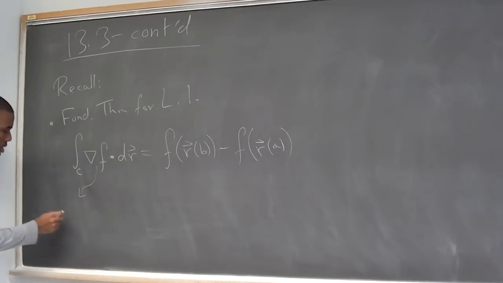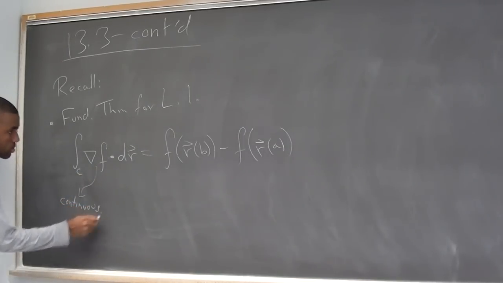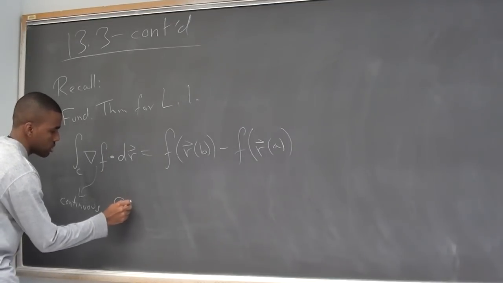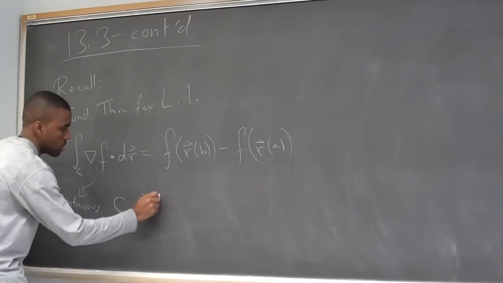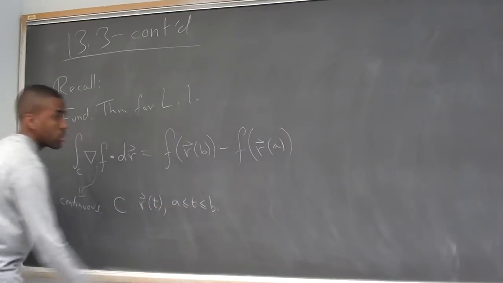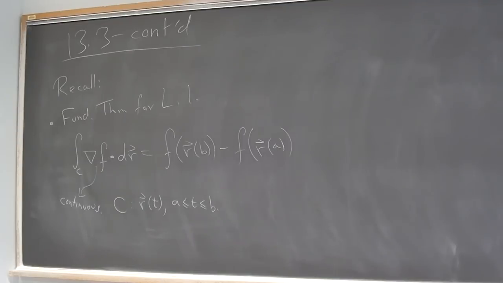This applies if the gradient is continuous, and here your C is parameterized by r of t. For our purposes, the gradient will always be continuous? Yeah, pretty much always going to give you something that's continuous.